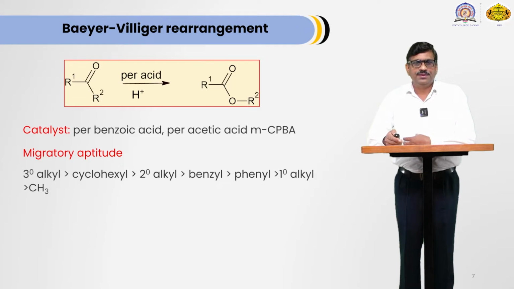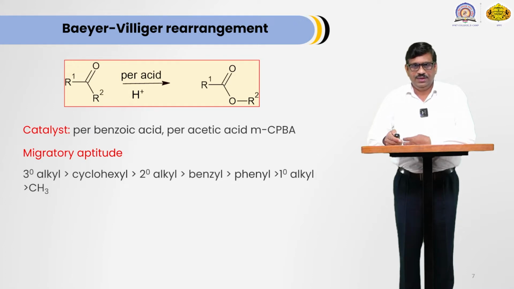This is the ketone molecule, the starting material of the Baeyer-Villiger rearrangement, and when it is treated with peracid, oxidation takes place with insertion of oxygen and formation of ester as a product. Peracids like perbenzoic acid, peracetic acid, and metachloroperbenzoic acid are used as reagents.